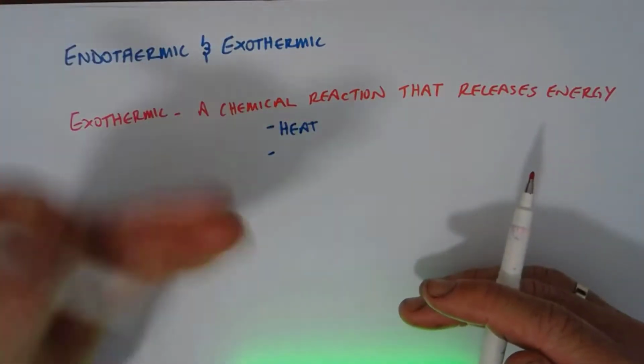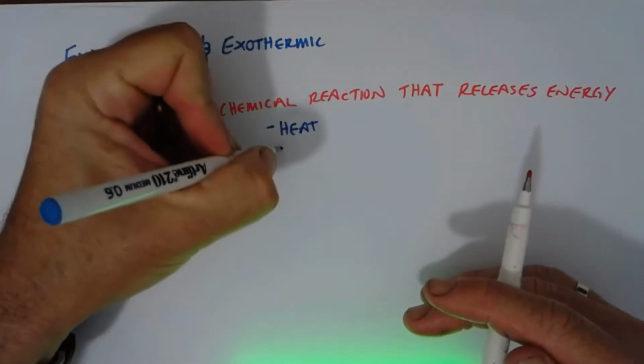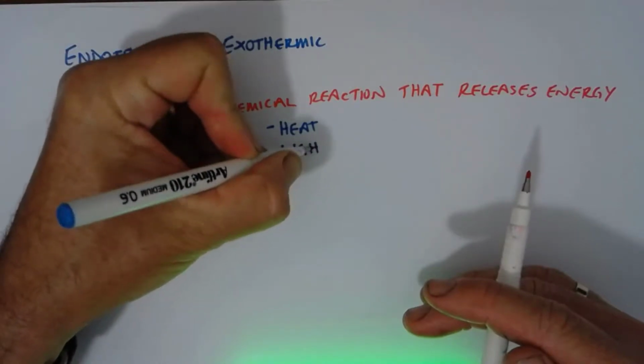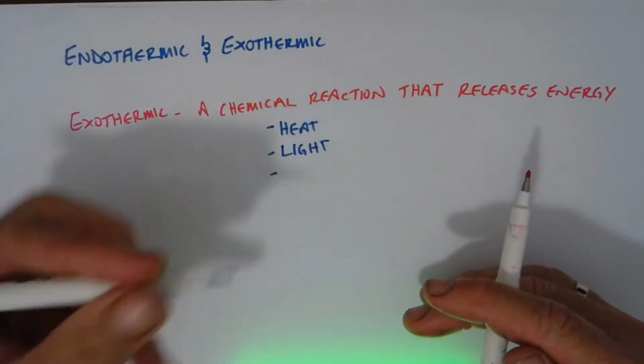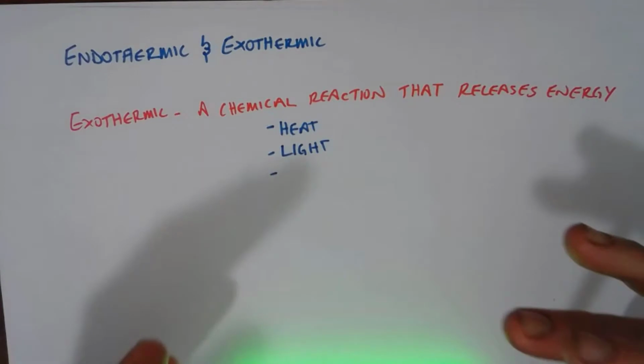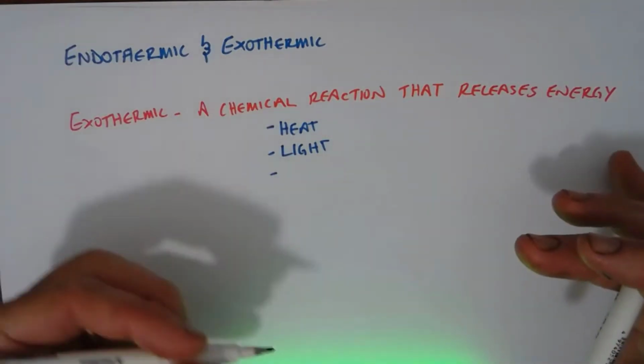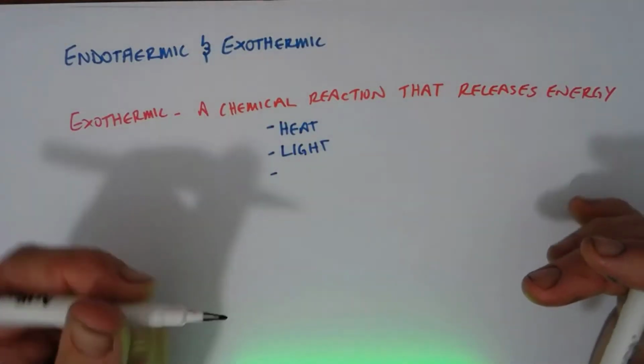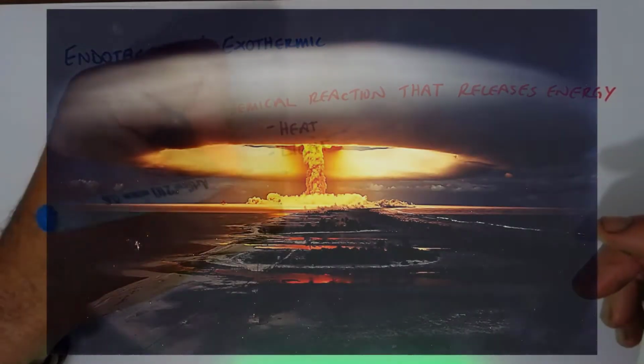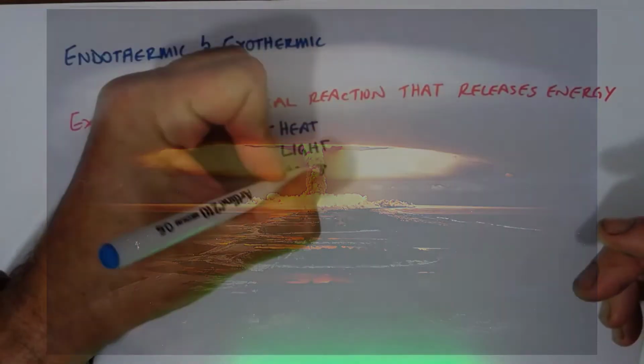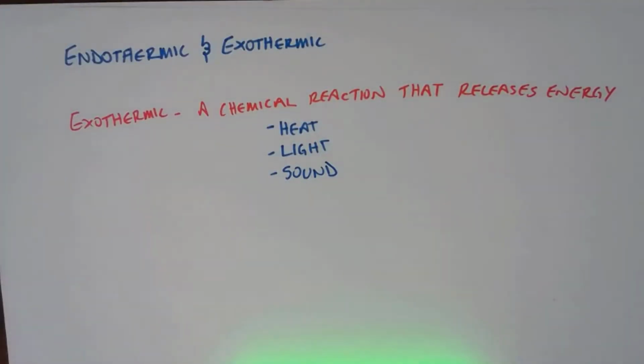It could be the energy is released in the form of light, or it could be both of those. Sometimes also we hear energy released in the form of sound, for example, an explosion. So it's energy that's being released.